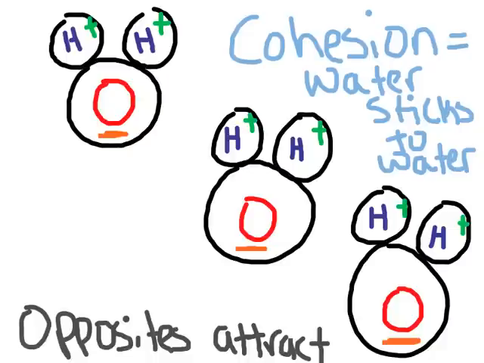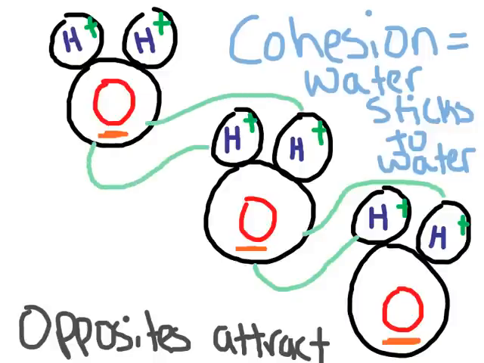So we have this hydrogen here that is going to be attracted to the negative charge on the neighboring oxygen molecule. And so is this one. So now these two water molecules right here are bonded together. We can do the same thing with the other ones. These hydrogens are going to be attracted to the negative oxygen on the neighboring water molecule and therefore are now going to be stuck together.